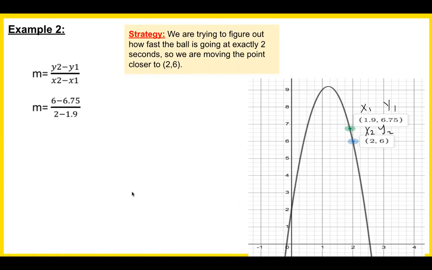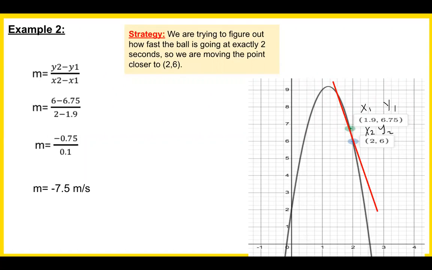You're going to need a calculator. I definitely did. I used my phone. So this is what I got when I subtracted the top numbers, and then the bottom I got 0.1. I divided these two numbers to see what we get, and I got that my slope, or my speed or velocity here, was negative 7.5 meters per second.